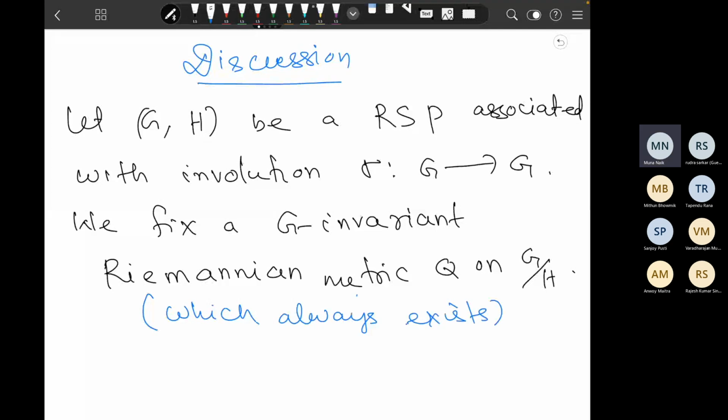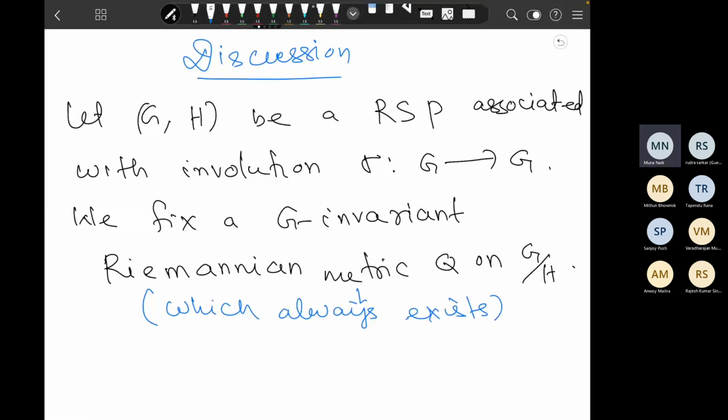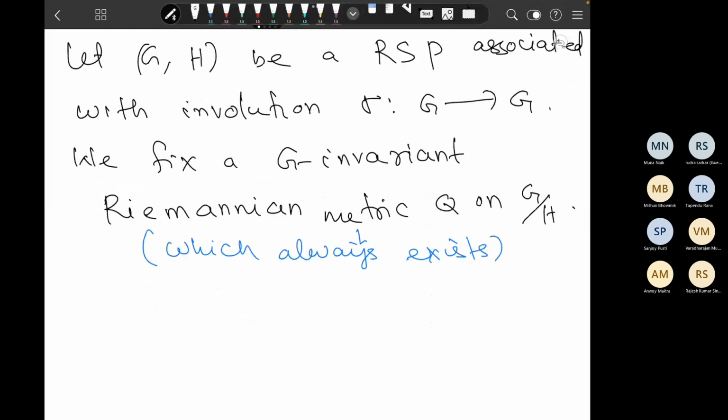So now we want to show that this G mod H is Riemannian symmetric.